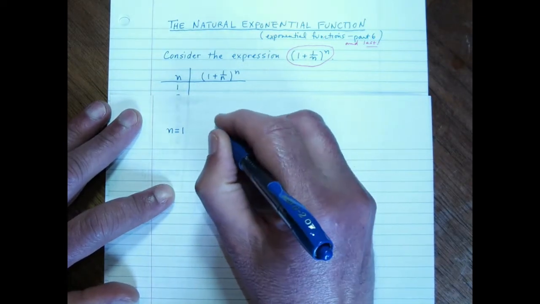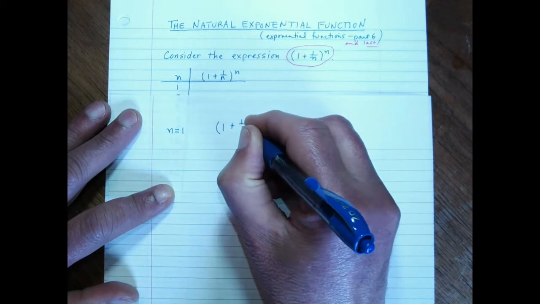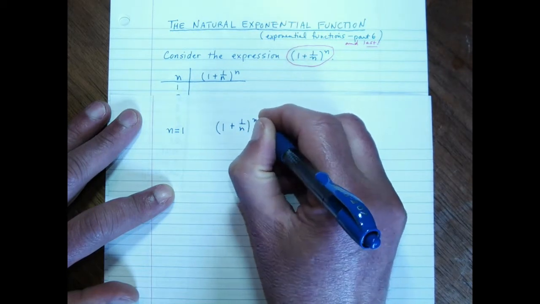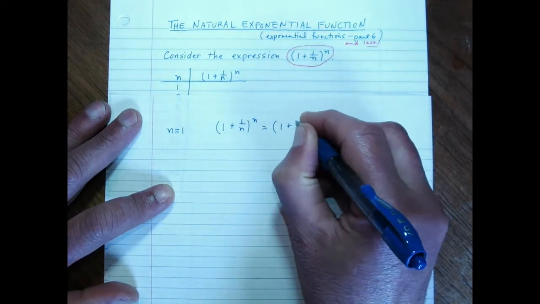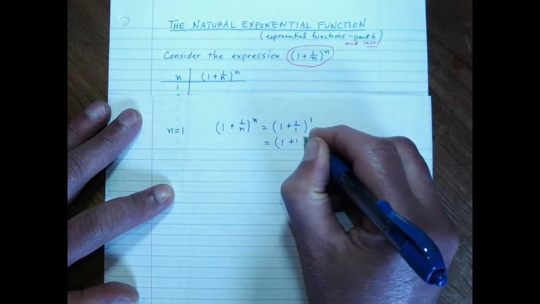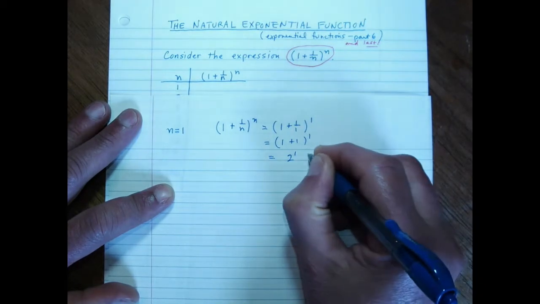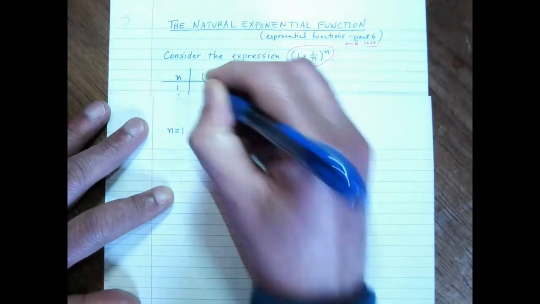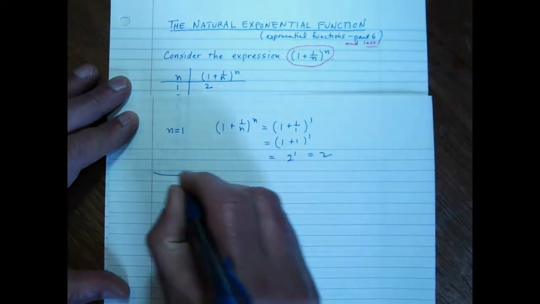So if n is equal to 1, 1 plus 1 over n to the n is just 1 plus 1 over 1, to the 1, which is 1 plus 1 to the 1, which is 2 to the 1, which is 2. So when n is equal to 1, we get 2.